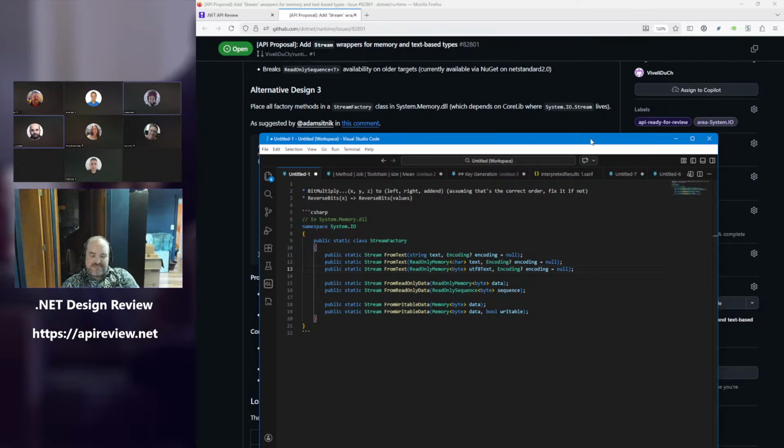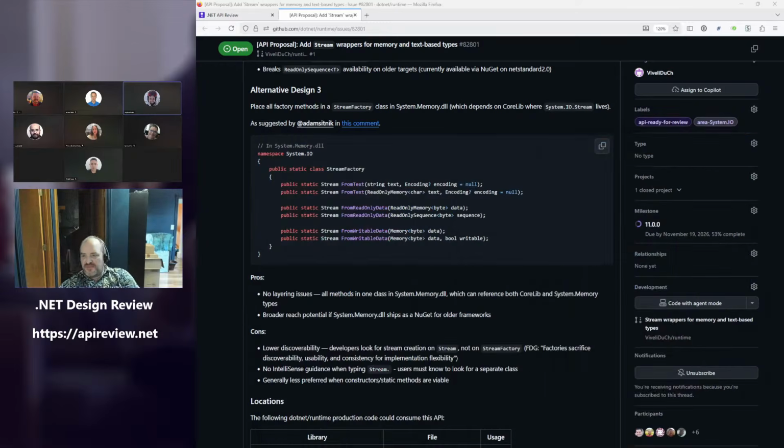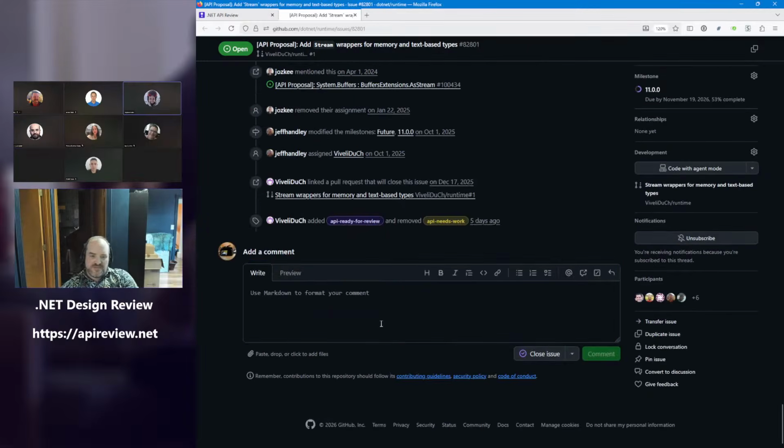That's a good point. Even in the existing from text, it's probably worth it. That might be a good note. Putting stream encoding in there, it should be obvious that the input encoding is UTF-16, but we got tripped up by that, or I did. So why not just be extra clear?